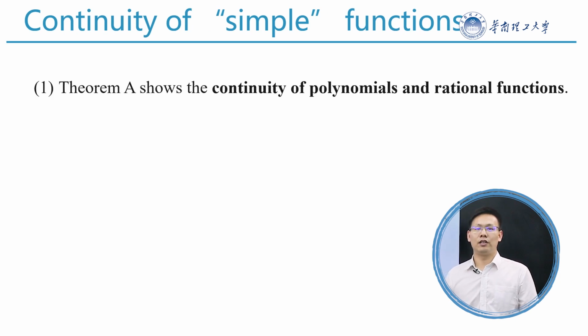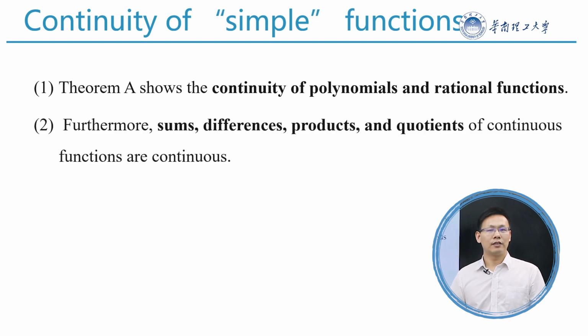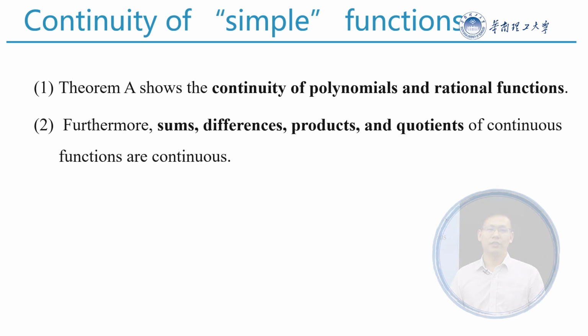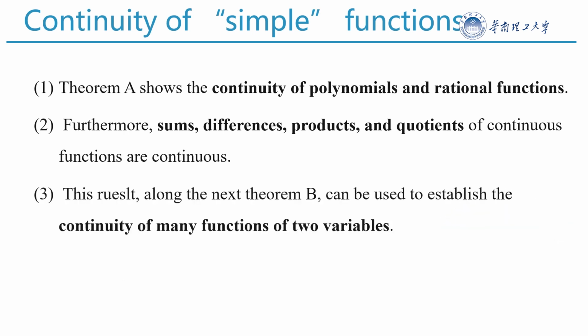Theorem A shows the continuity of polynomials and rational functions. 2. Furthermore, sums, differences, products, and quotients of continuous functions are also continuous. 3. These results, along with the next theorem B, can be used to establish the continuity of many functions of two variables.